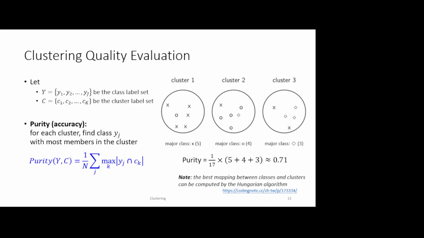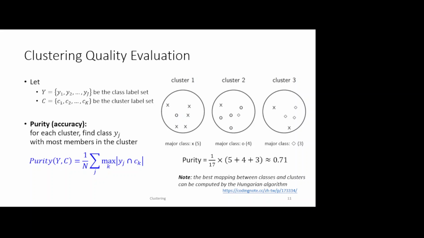Here Y is the class label set, and C is your cluster label set. In your experiment, you want to evaluate the result. Here we usually assume that each data point has a class label.